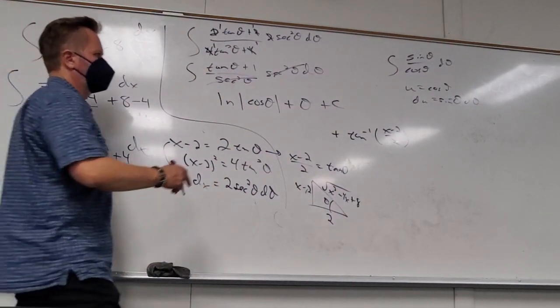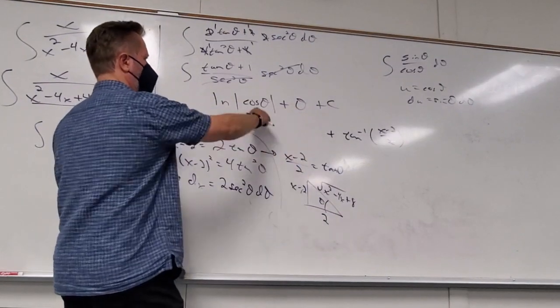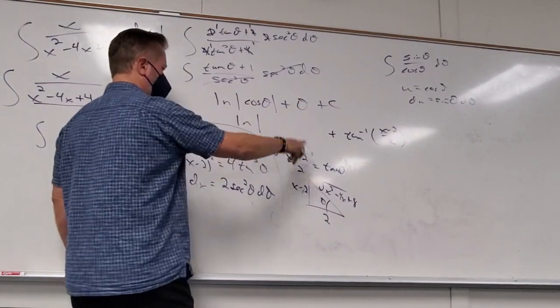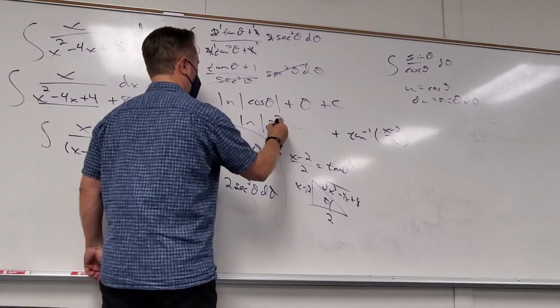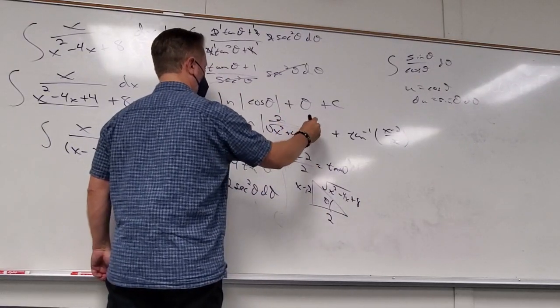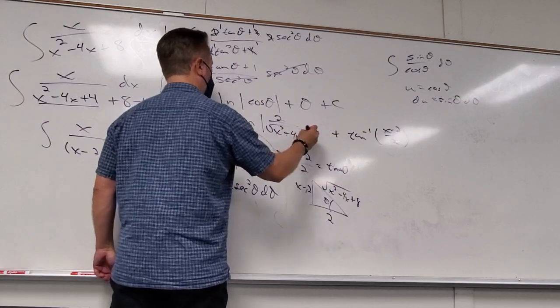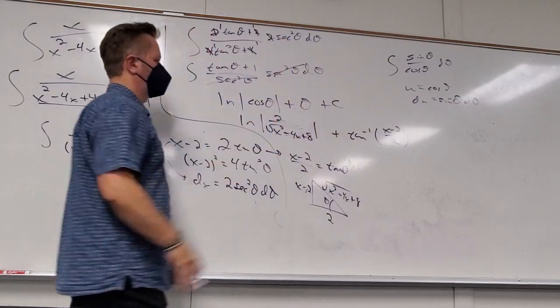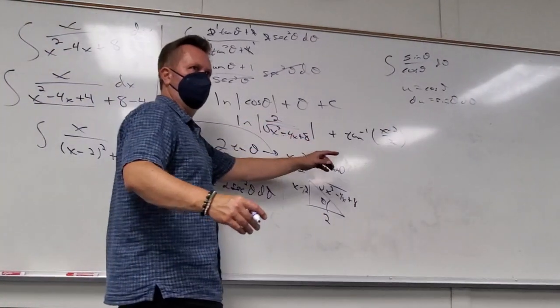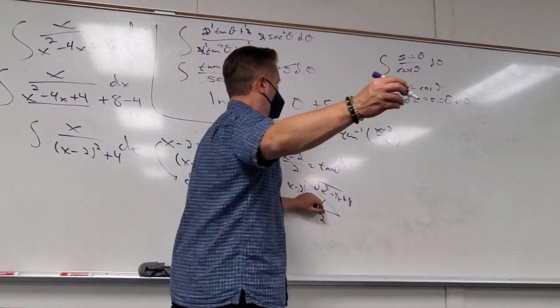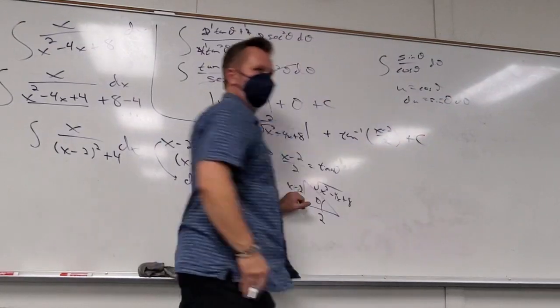Okay, so then I know what cosine is. So natural log of cosine would be 2 over this square root. Oh, minus. Okay, cool.